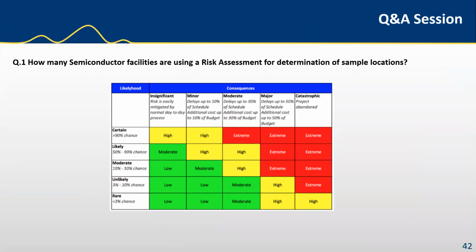So risk assessments have previously been widely used in the pharmaceutical industry based on the GMP regulation and the fact that end users see the advantages of risk assessments on their processes. I'm starting to see an uptake in the semiconductor industry on the use of risk assessments.